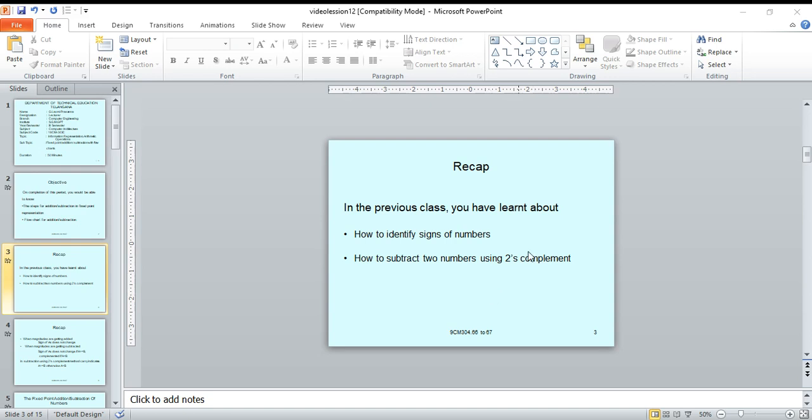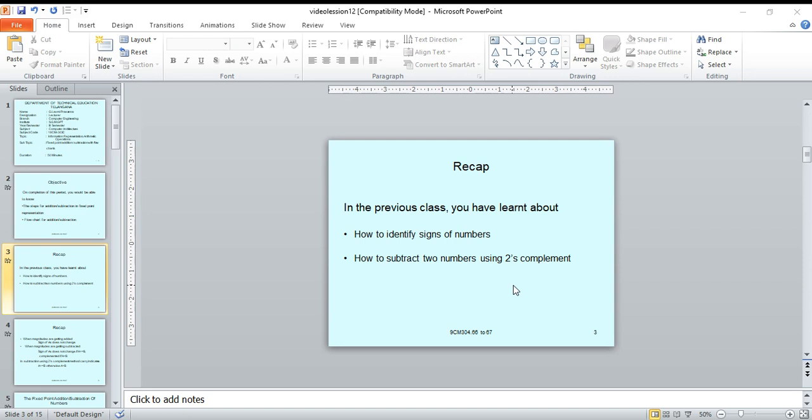So you subtract b from a, and the b value should be written in two's complement form. In the earlier classes we already discussed how to find the two's complement of a number.